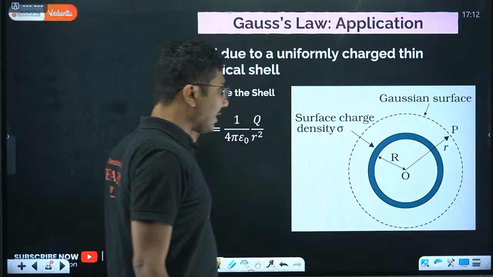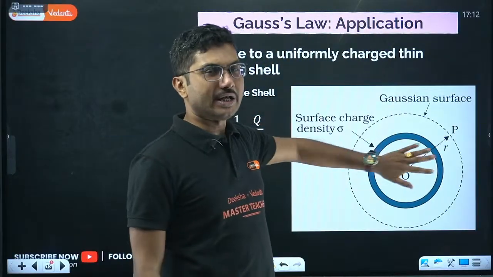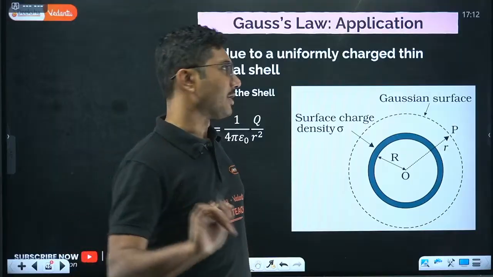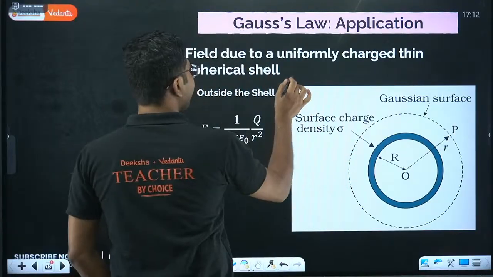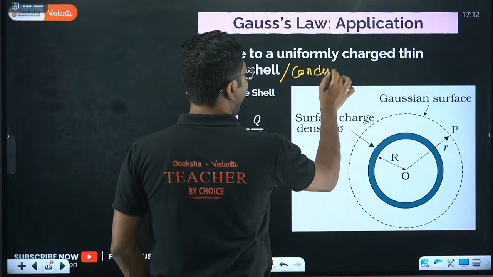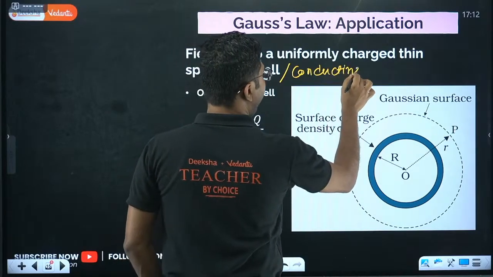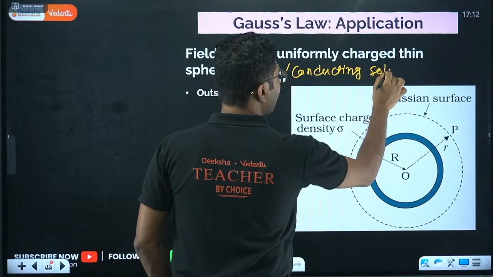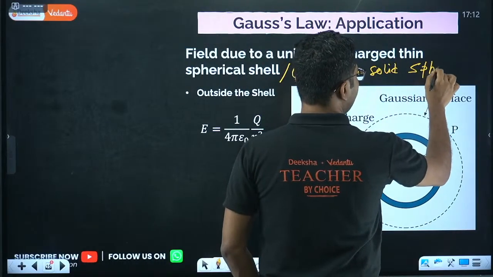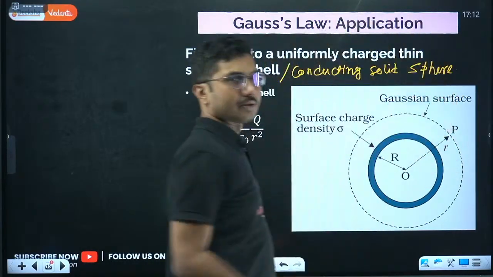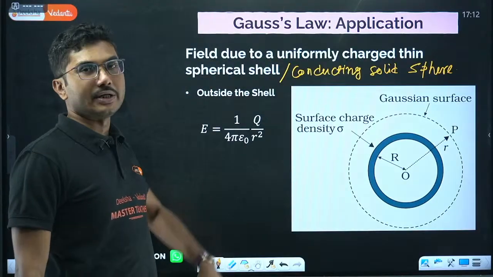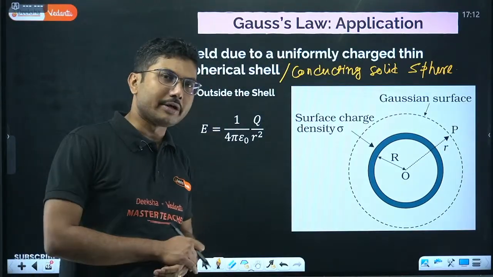Now whatever we are applying here, the same theory, the same concept, can be applied for a conducting sphere. Remember, a charged thin spherical shell or a conducting solid sphere as well. The reason we will explain in the next chapter. But the theory that we are using here, you can use the same theory for a conducting solid sphere as well.